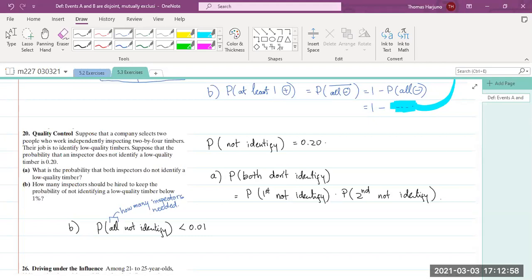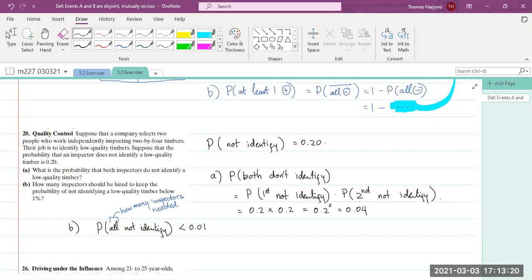If the probability that both of them do not identify is 0.2 times 0.2, basically 0.2 squared, that is 0.04.